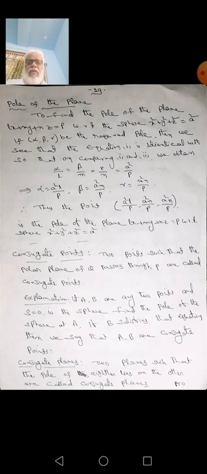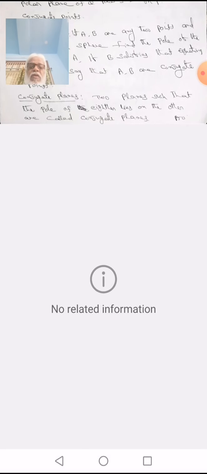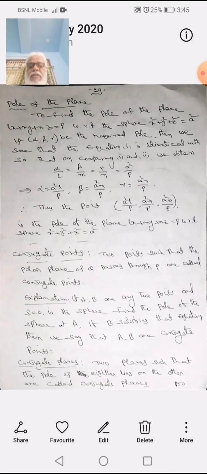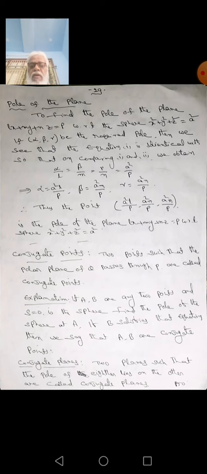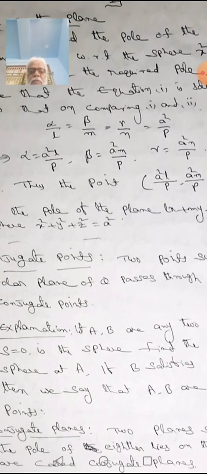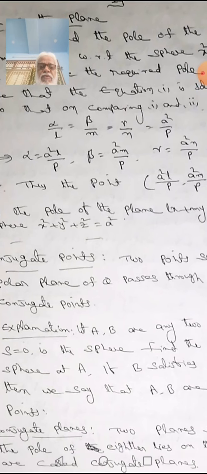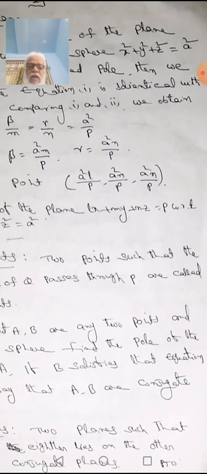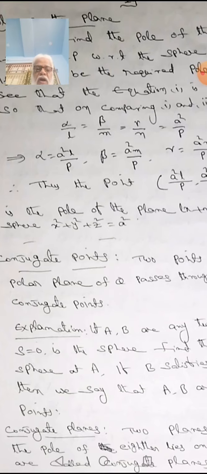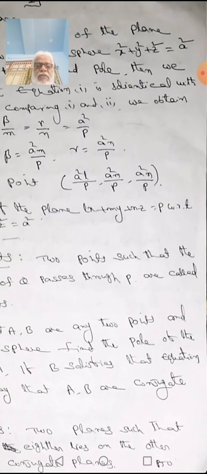Otherwise, you find the polar plane at B and if it is satisfied by A, then also A, B are called conjugate points. This is to find the conjugate points with respect to the sphere. What are conjugate planes? Two planes such that the pole of either lies on the other are called conjugate planes.